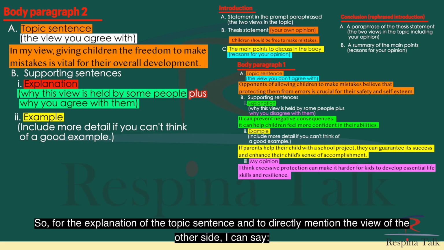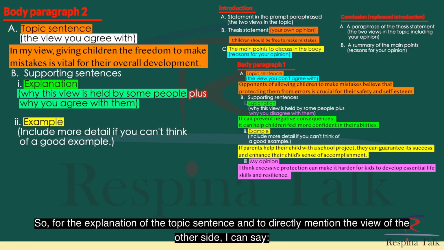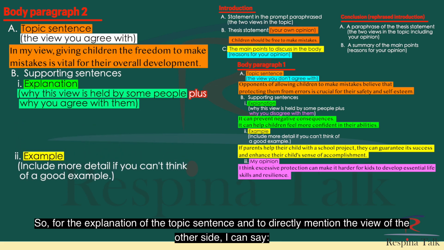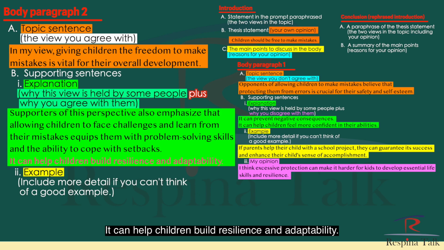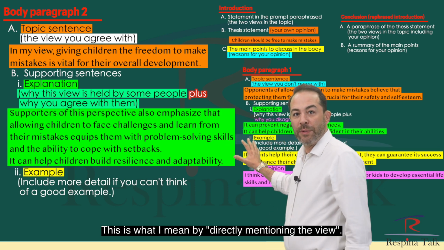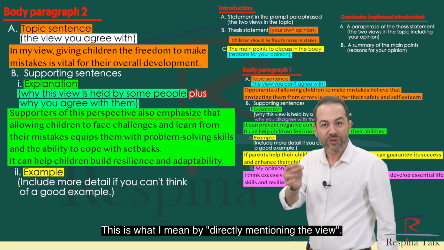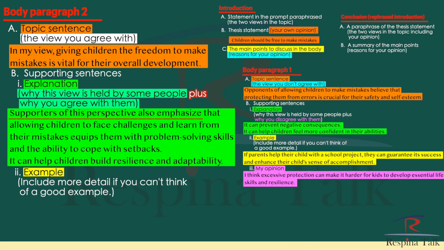So for the explanation of the topic sentence and to directly mention the view of the other side, I can say, supporters of this perspective also emphasize that allowing children to face challenges and learn from their mistakes equips them with problem-solving skills and the ability to cope with setbacks. It can help children build resilience and adaptability. This is what I mean by directly mentioning the view.